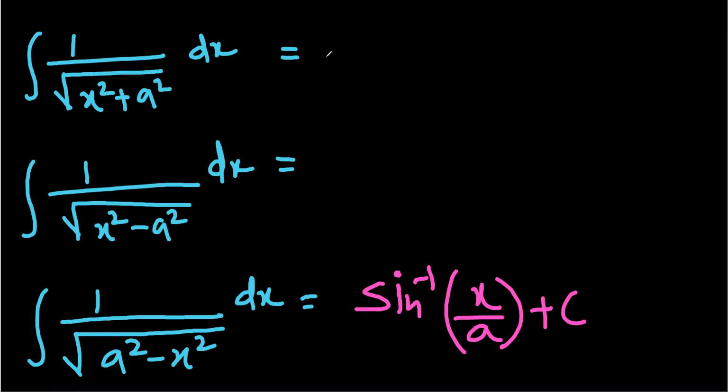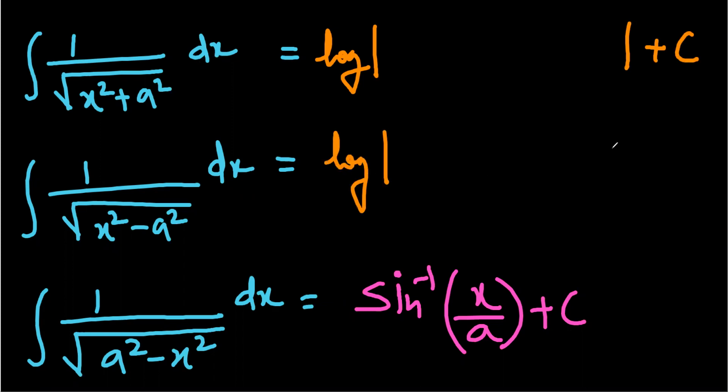What do we write for the other two? The integrals resemble each other. Here you have log, then mod, plus c. Here also you have log, then mod, plus c. Now inside the mod, what you have is the variable. What is the variable, students? Definitely x.